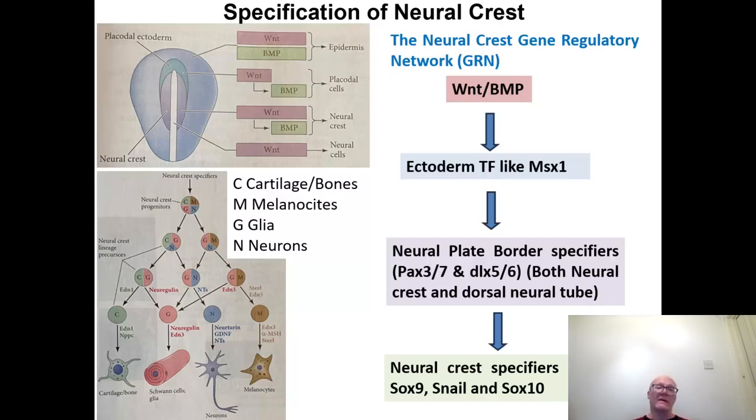So it depends on the experience of the cells in their surroundings. These will determine whether the neural crest becomes one tissue or another. For example, neural crest that will produce cartilage is exposed to EDN1 and NPPC, while neural crest that becomes glial cells is exposed to neuregulin and EDN3, and so on.